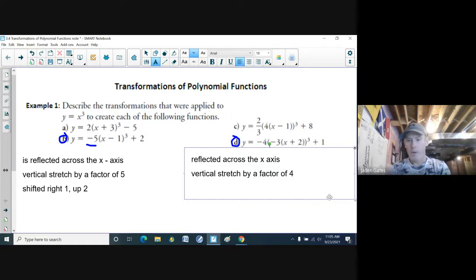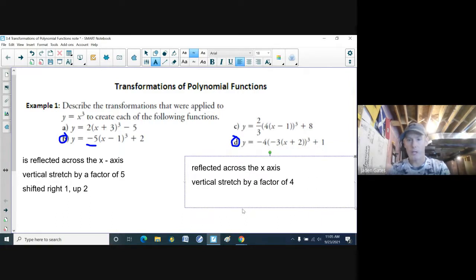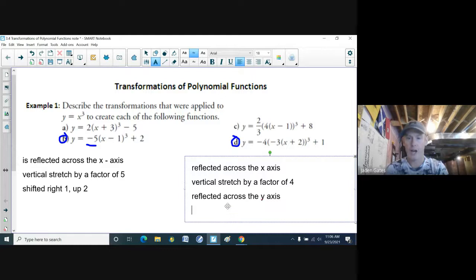I'm going to move my word there a little bit so you can see the equation better. Now the k value is in there. It's -3. We've got those double brackets going on. And that means it's reflected because of the negative sign across the y-axis. So the graph is flipped across the y-axis, if we had to graph it. Now we have a 3 there.